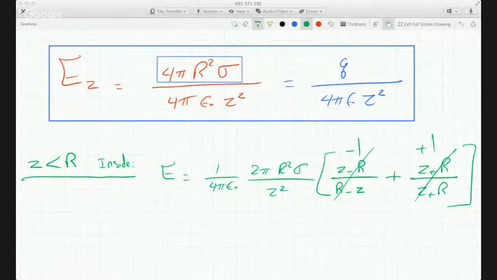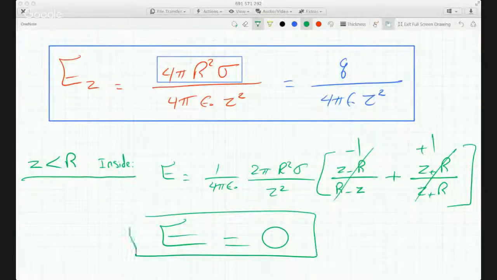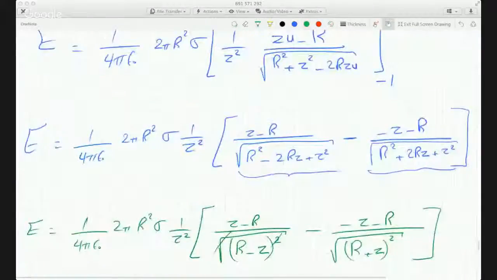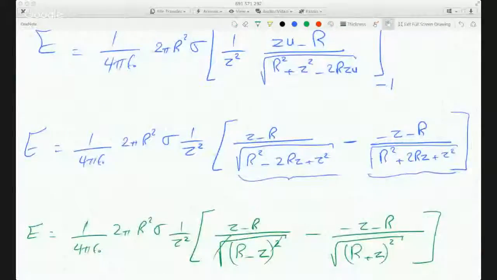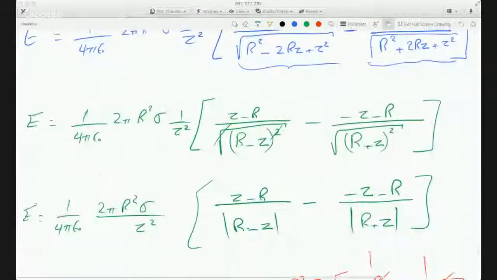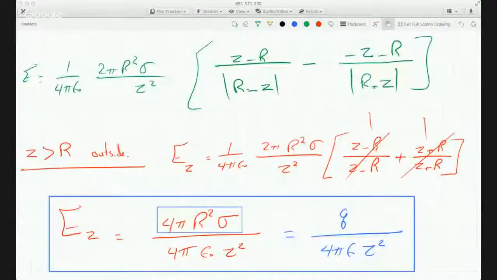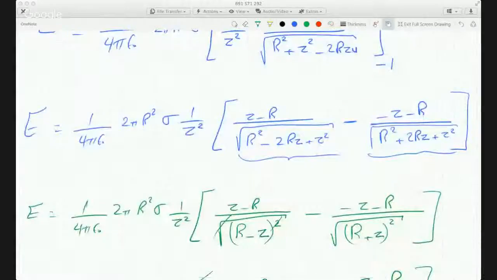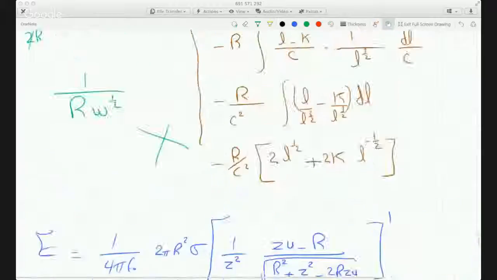Minus 1 plus 1, 0. So E is 0. So that means the derivation of our expression and the integration was correct. Inside, you don't see any electric field inside the shell. Questions on this problem?